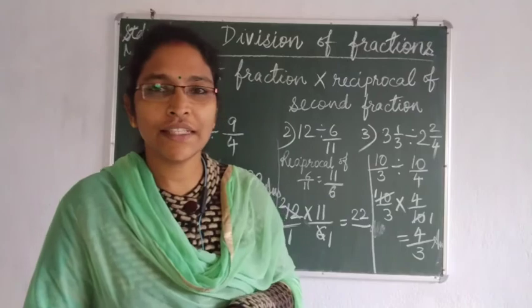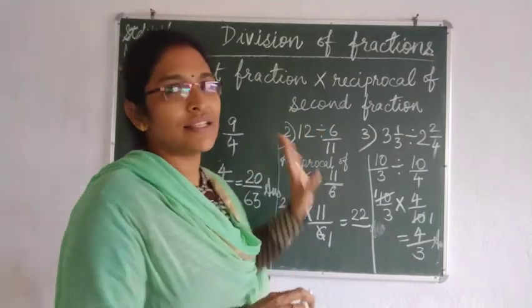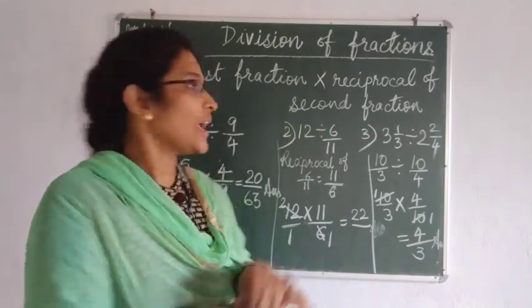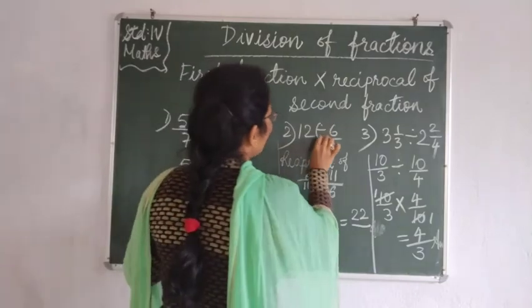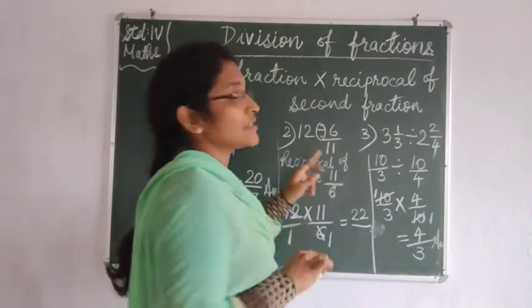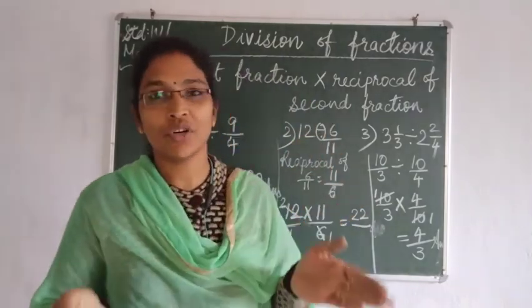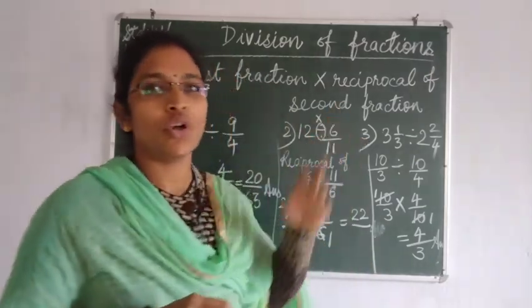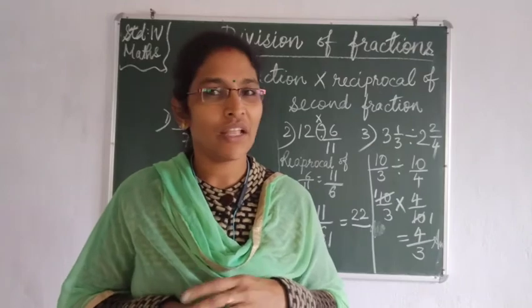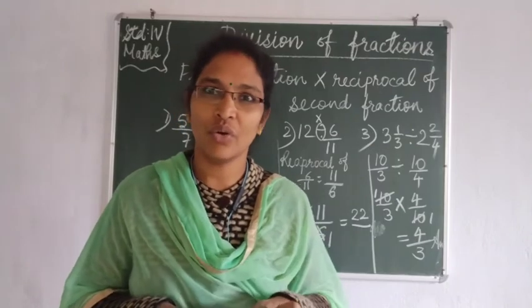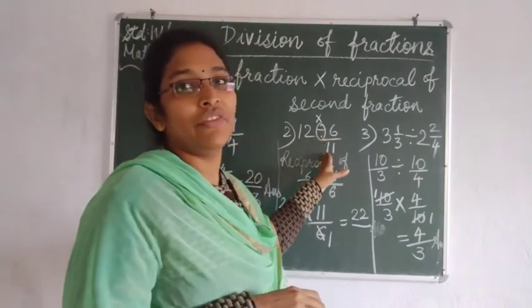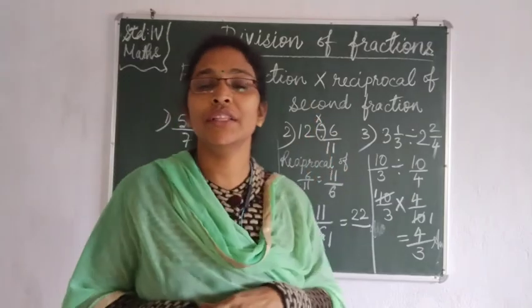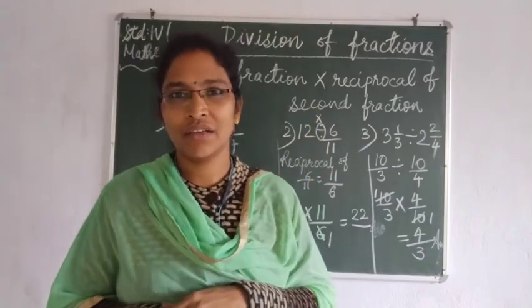Sometimes what some children do is they just change the sign here. Instead of 12 divided by 6 by 11, they change the sign and do not change the number over here. Then will the answer be correct? No. Now what you are doing is, instead of division, you are doing multiplication.